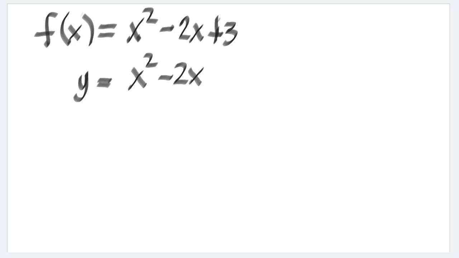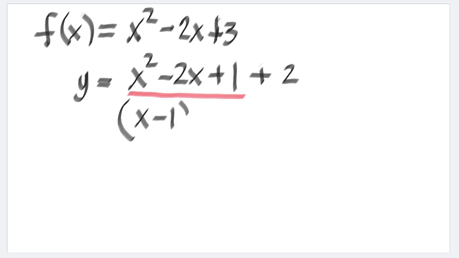complete the square. Half of negative 2 is negative 1. Negative 1 squared, that is positive 1. So this is a perfect square. Now this one, to complete 3, you add plus 2. So nothing has changed with the equation. So x minus 1 quantity squared is equal to, you just have to transpose 2 to the right, to the left, I mean, y minus 2.